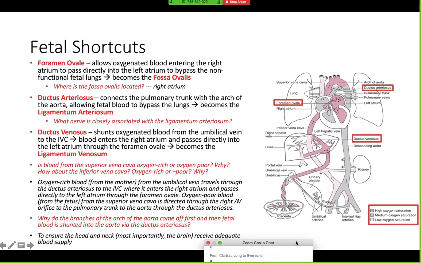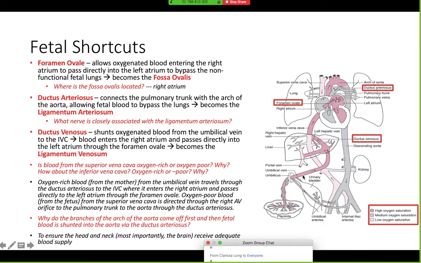All right, so the fetal shortcuts. This is a slide that she said you would at least have one question from. So you can read what I have over here, but I'm just going to start with a picture. So you have oxygen-rich blood from the umbilical vein. It's oxygen-rich because it's coming from the placenta, which is associated with the mother.